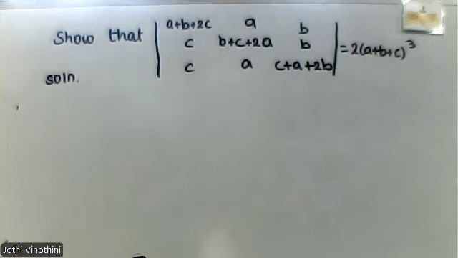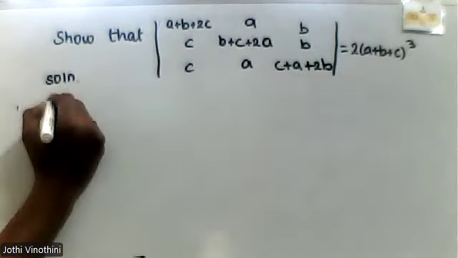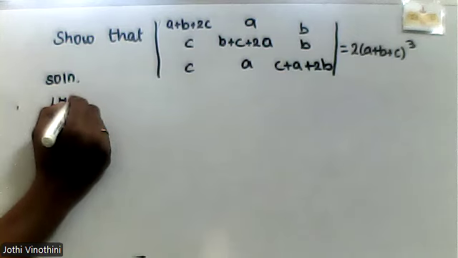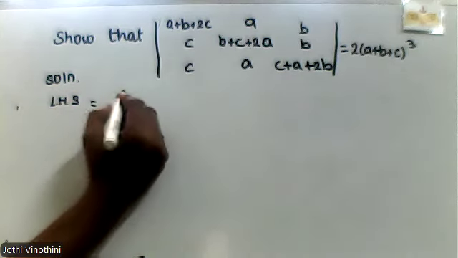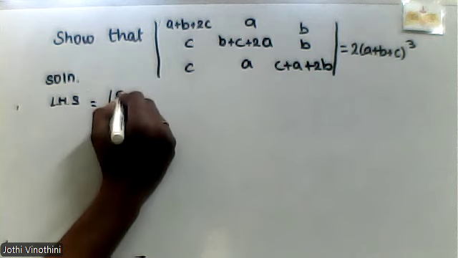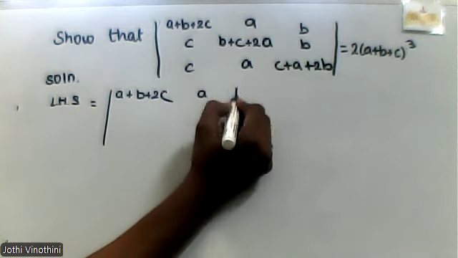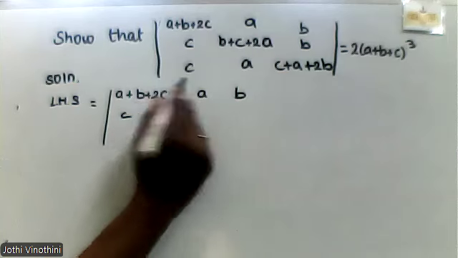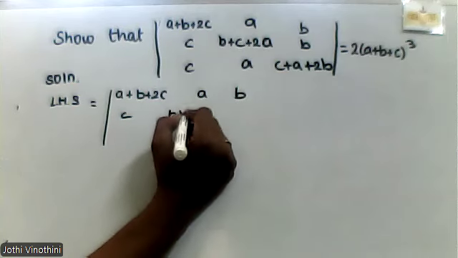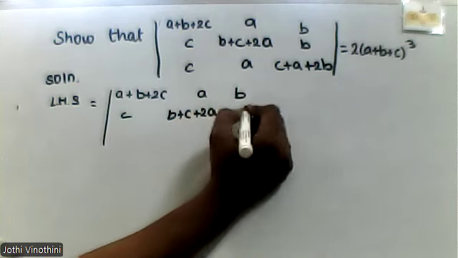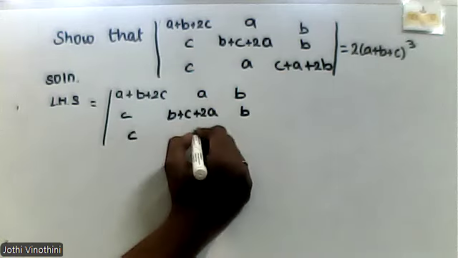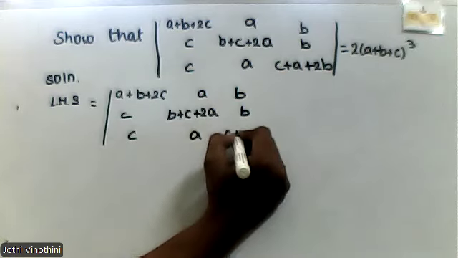So I am going to take the LHS. LHS equals, so what is the LHS? The matrix with first row a plus b plus 2c, a, b; second row c, b plus c plus 2a, b; third row c, a, c plus a plus 2b.